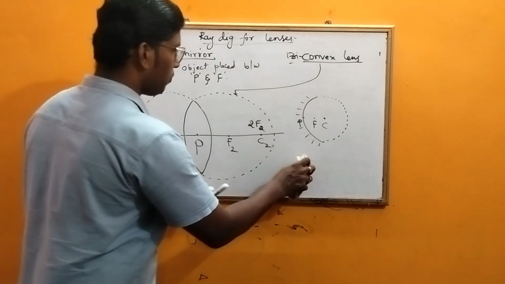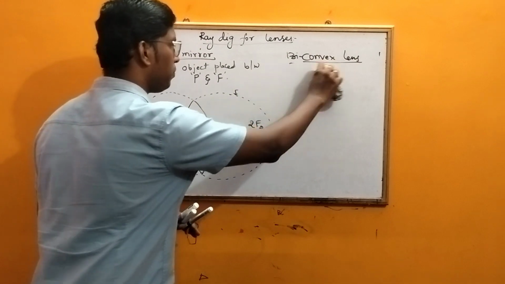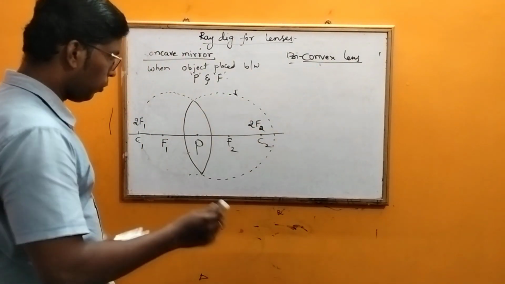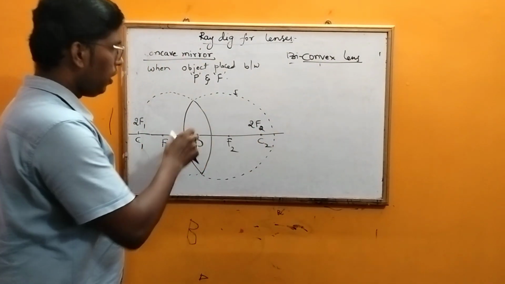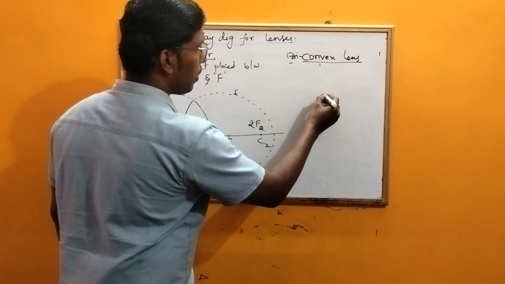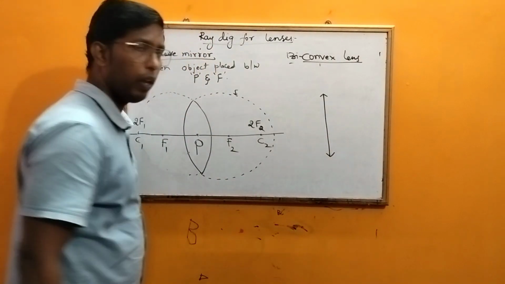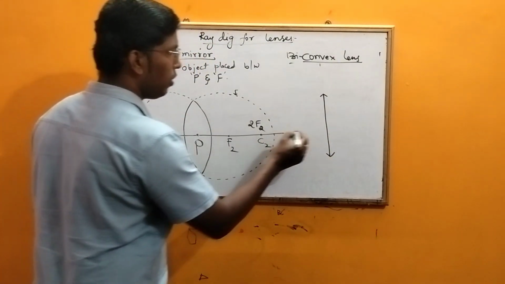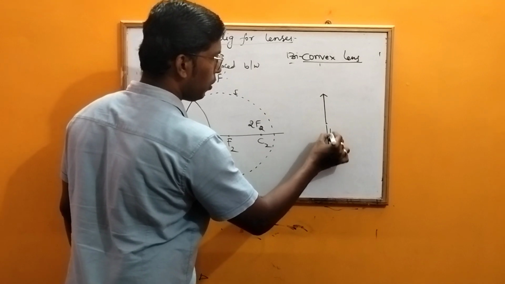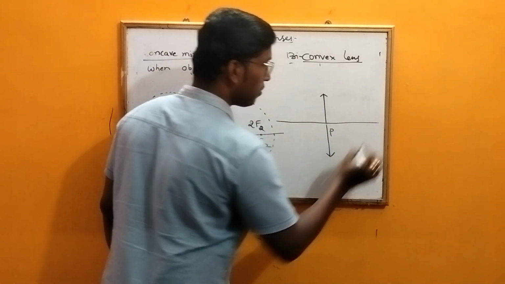Okay. Now, one more point you should remember. Suppose I don't want to use this type of symbol, as I have already told you, you can use this symbol also. Very simple. Okay, so again, exactly the midpoint, optic center, principal axis.